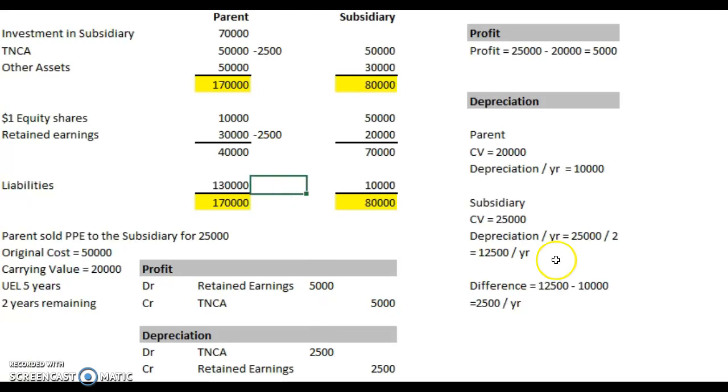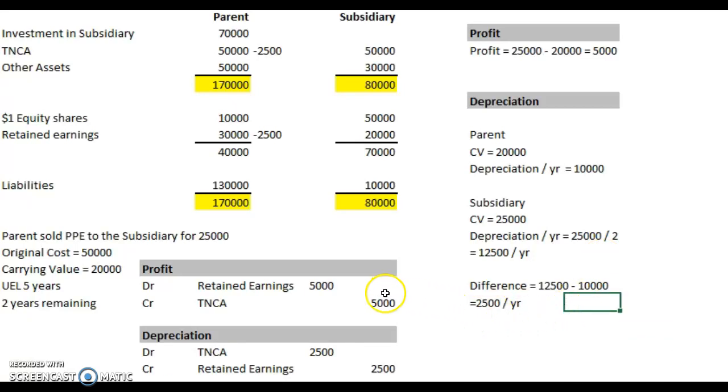So that is the two adjustments. One for the profit side, because we've overstated profits by selling at a profit within the group, and the depreciation side, because we've sold at a profit, we're now depreciating at a higher rate, and we need to make an adjustment for that.